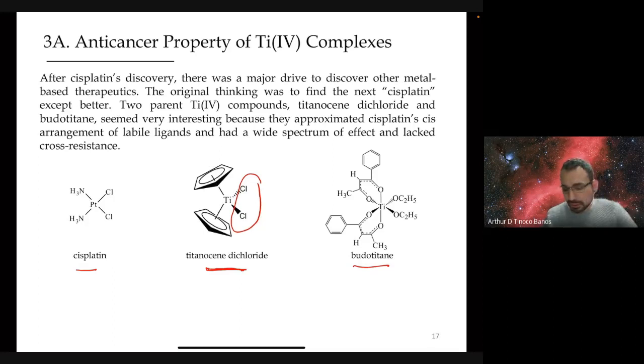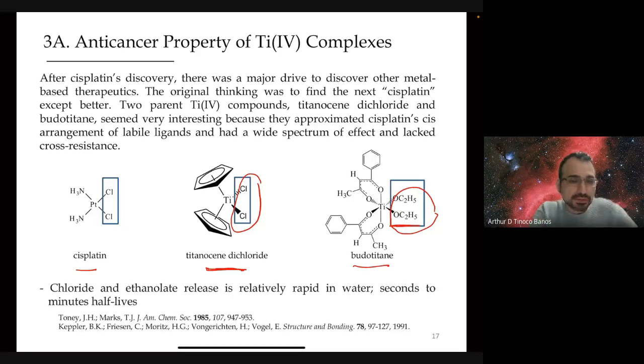And something similar was proposed for the compound budotitane, having these ethanolate groups present there that might be readily dissociated. So what was observed with these two parent compounds was that they were quite effective in terms of exhibiting a wide spectrum of effect, and they lacked cross-resistance against cell lines that had an acquired resistance towards cisplatin.